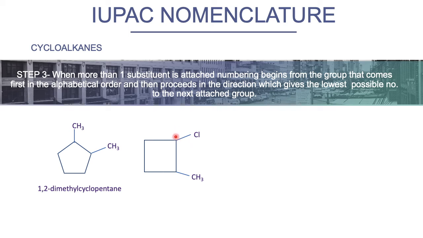And now you have to proceed in the direction so that the next substituent gets the lowest possible number. So this is the position number 1. And now here you will have position 2, position 3 and position 4. And it's quite easy to guess the name. We start from the alphabetical series, 1-chloro, 2-methyl cyclobutane.